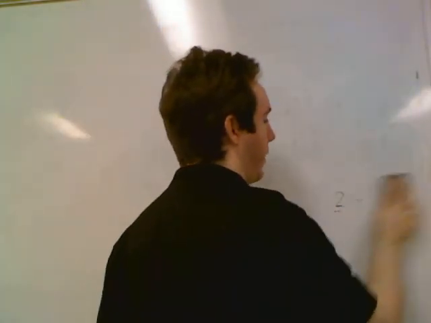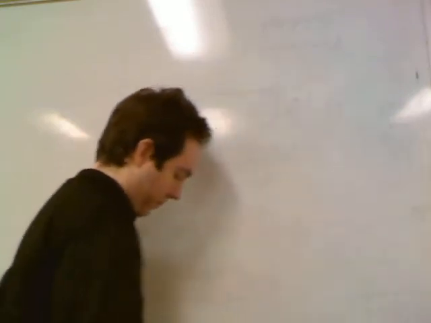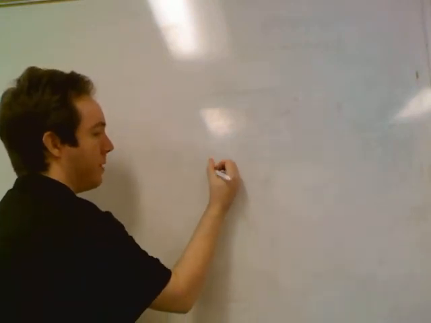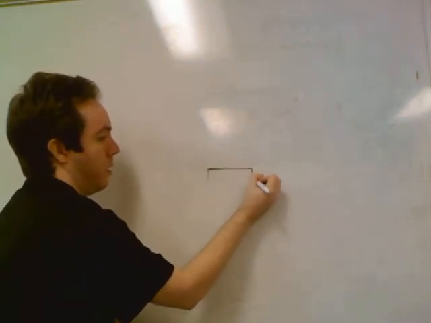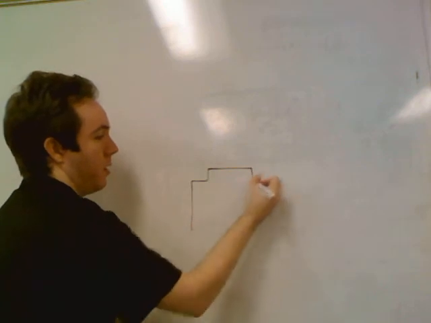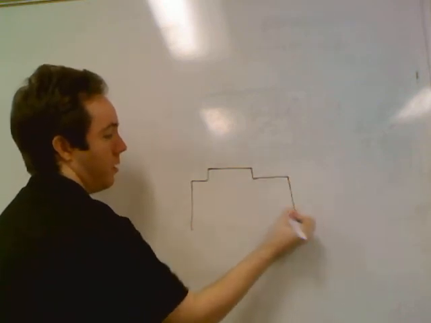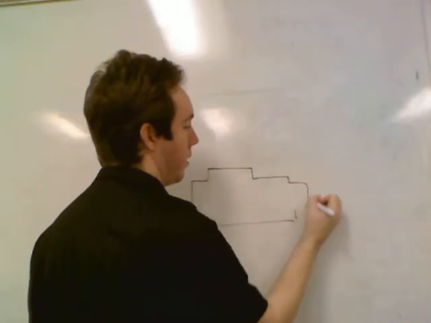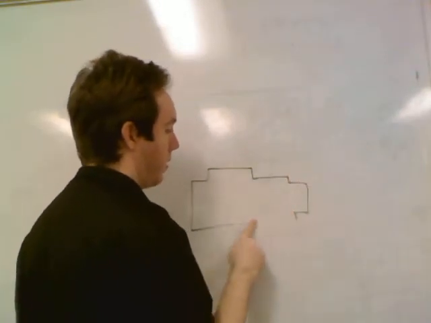For number 3 on the back side, we've got my marker on the floor. We have a drawing that looks like this. Little section cropped out here. All right, looks like that.